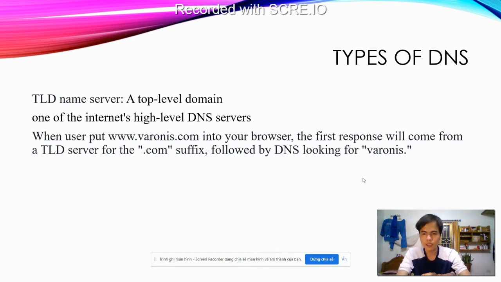It means .com or .vn, .gov, .edu are services of TLD servers, followed by DNS looking for Varonis, the domain name and the name of the website, and it will come out as the final result in the web browser.